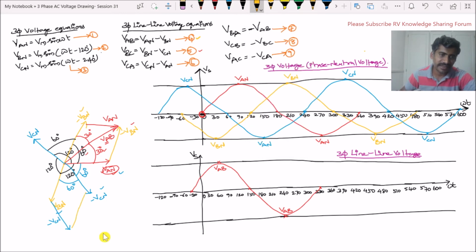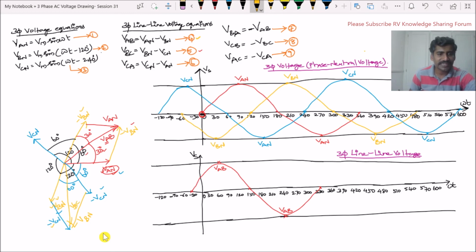So this is our VBN, which is drawn in parallel to this VBN phasor. Now let us add this VBN and minus VCN according to equation 5 in order to get the resultant line voltage vector VBC. So this is our resultant line voltage vector VBC.